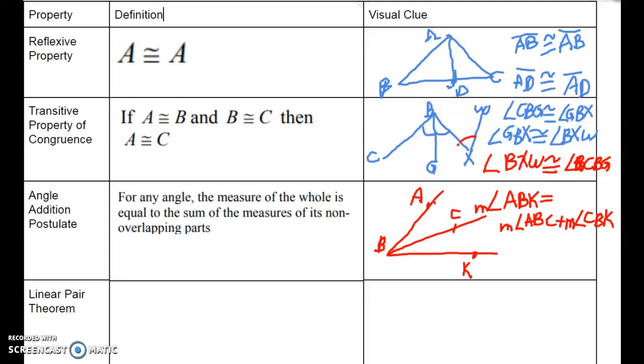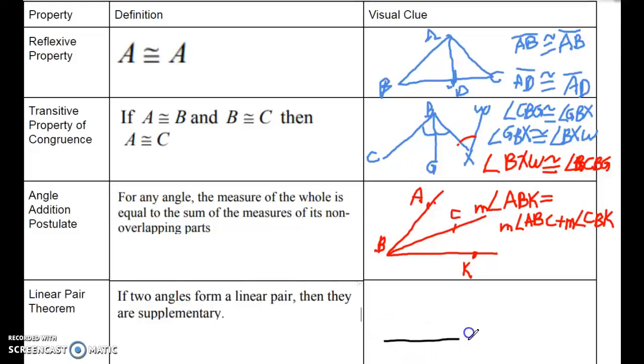Okay, linear pair theorem. It's going to sound real familiar. It sounds a lot like supplementary angles. The linear pair theorem is if two angles form a linear pair, then they are supplementary. So here's what this looks like. I've got a straight line here. Maybe I've got point A here, point Z here, and this other line right there.